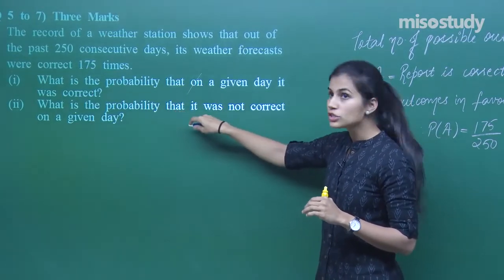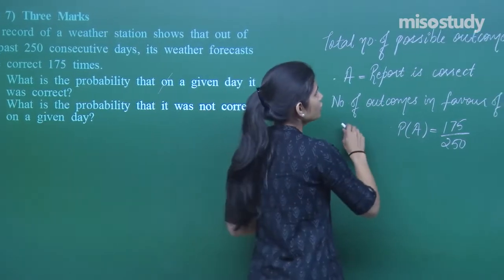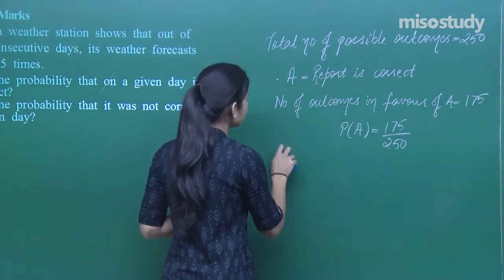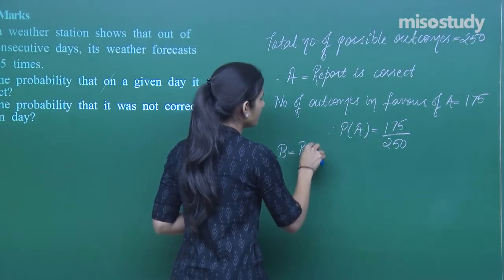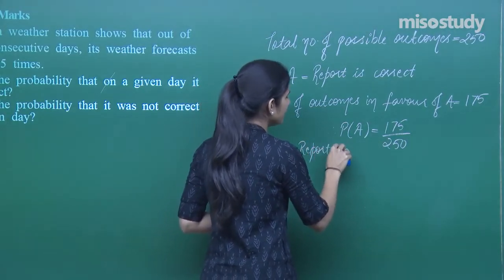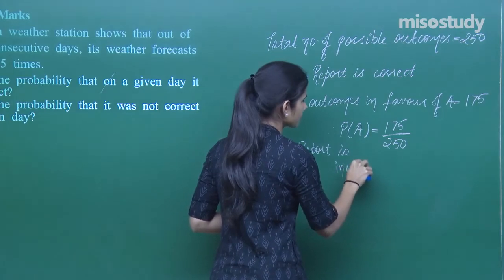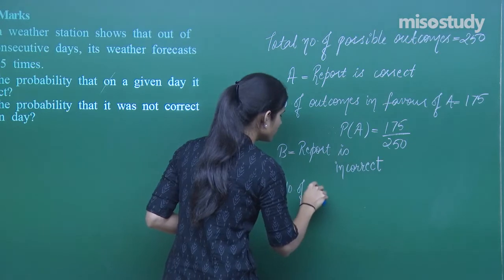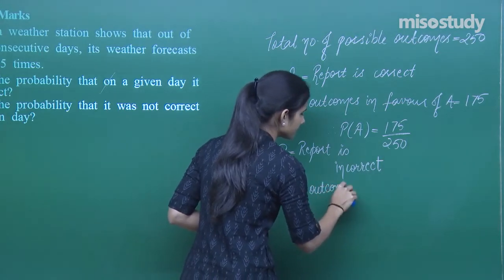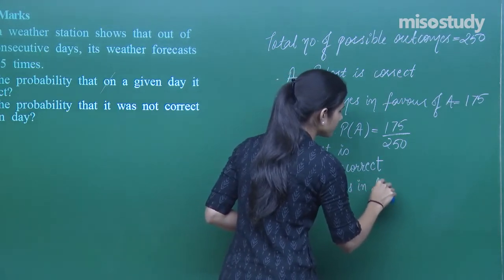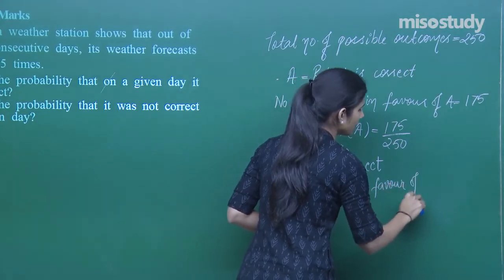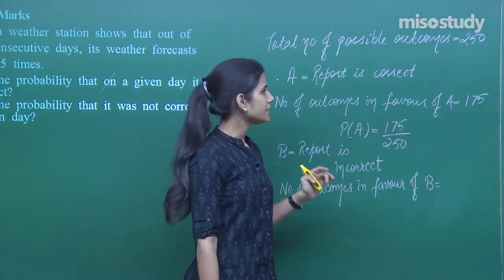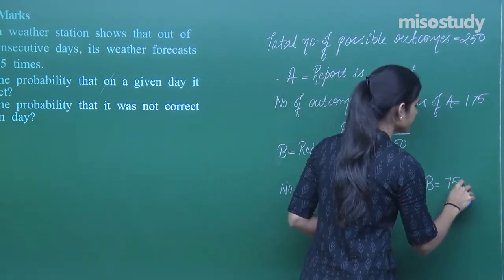What is the probability that it was not correct? So out of 250, 175 is correct. So if I say event B is that the report is incorrect, then the number of outcomes in favor of B is 250 minus 175, which is 75.